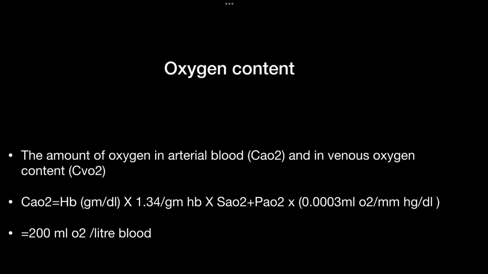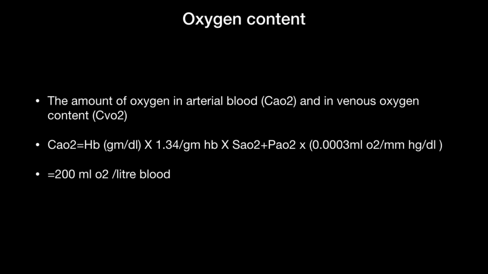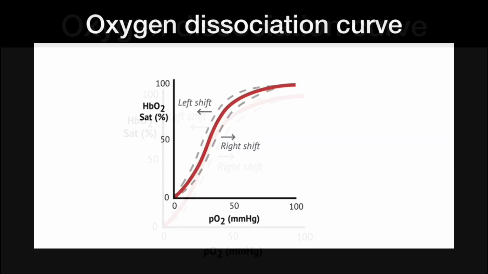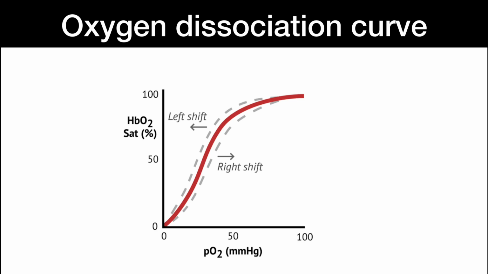Now, having familiarized ourselves with the measurement of oxygen level in the blood, let us move on to oxygen delivery, which is easily understood in the oxygen dissociation curve, which we have learned during our physiology days.